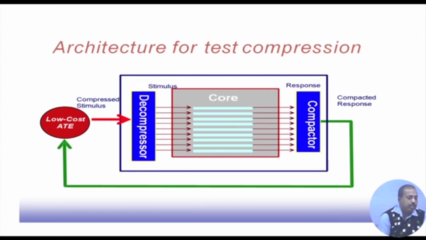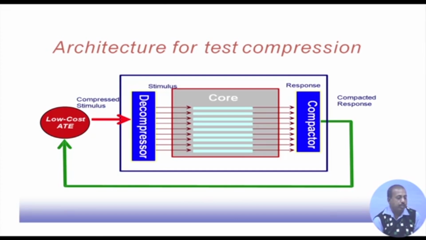So, this is the typical situation of test compression. We have this low cost ATE. As I was telling, the cost of the ATE is too large, and if you are using a low cost ATE, then the cost of the ATE is determined by the memory requirement, the memory that it has, and the number of channels.